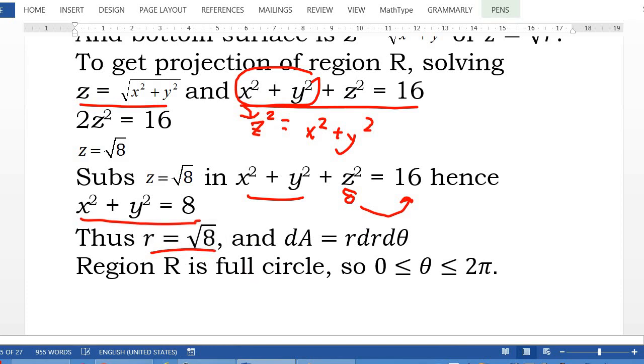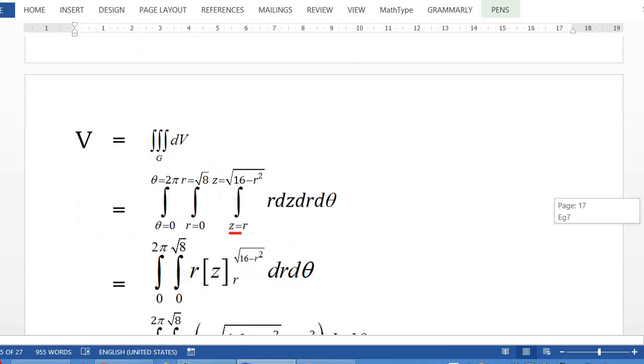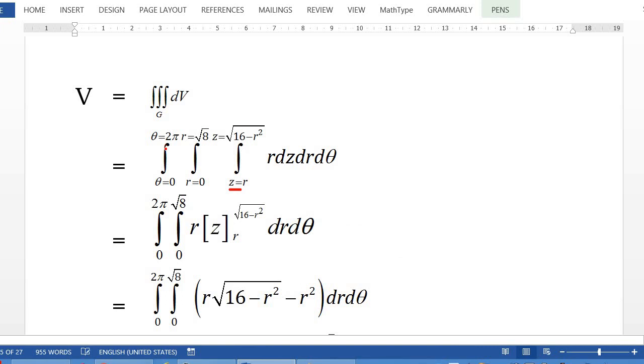And region R is a full circle, so theta from 0 to 2 pi, r from 0 to root 8. To get the r, you have to solve simultaneously the intersection of the cone and the sphere. So you get r equal to root 8.